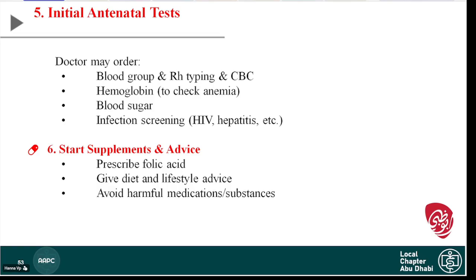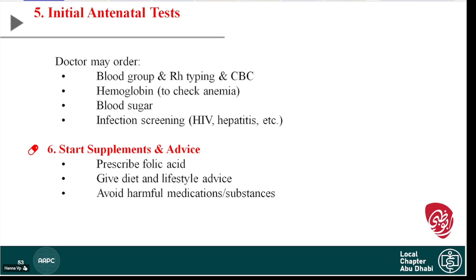There are too many laboratory tests we are doing for the pregnant woman, like the obstetric panel test, blood group, RH typing, complete blood count, hemoglobin, blood sugar, infection screening, HIV. Some tests they will order to find out whether the mother and baby are healthy.